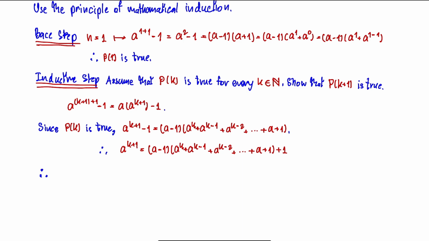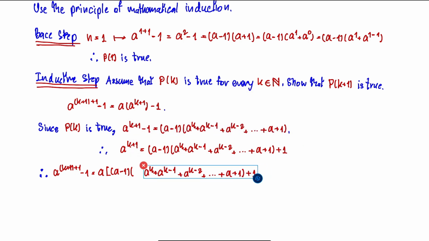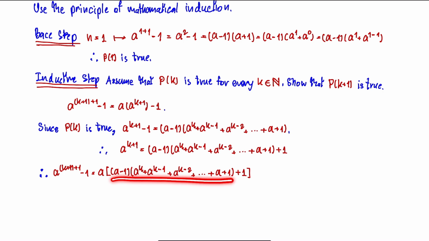From this term right here, we've got a to the k plus 1 minus 1 equal to a times a minus 1 times this term here. Just substitute a to the k plus 1, and it turns out to be this.